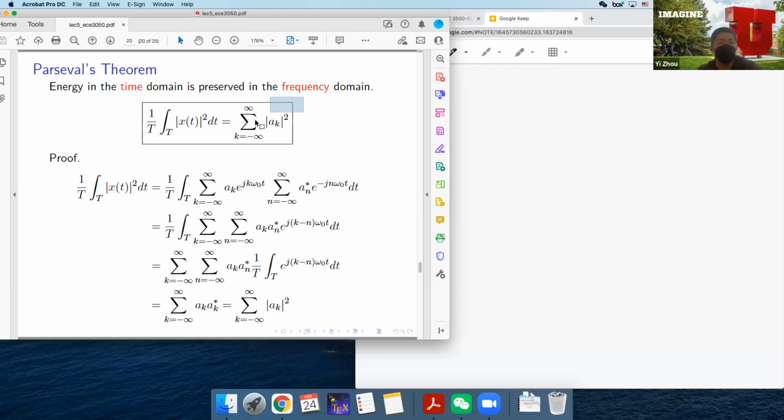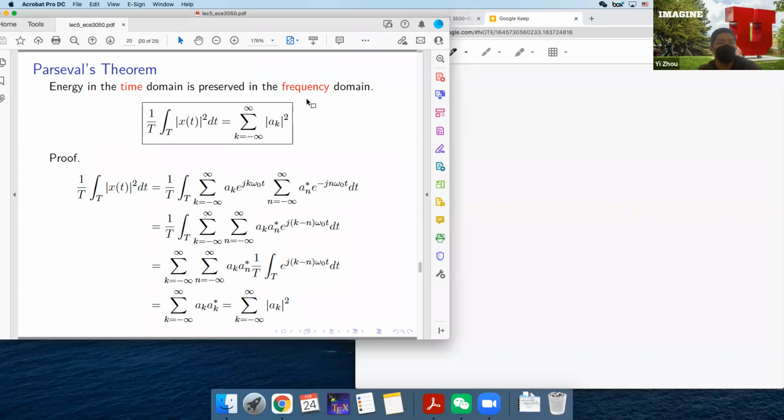And then on the right-hand side, we are looking at the spectrum. We are summing up the magnitude of the spectrum to the power of 2, which corresponds to, if we treat the spectrum a_k as a discrete signal, because the index k is a discrete index. So we can generally treat a_k as a complex discrete time signal.